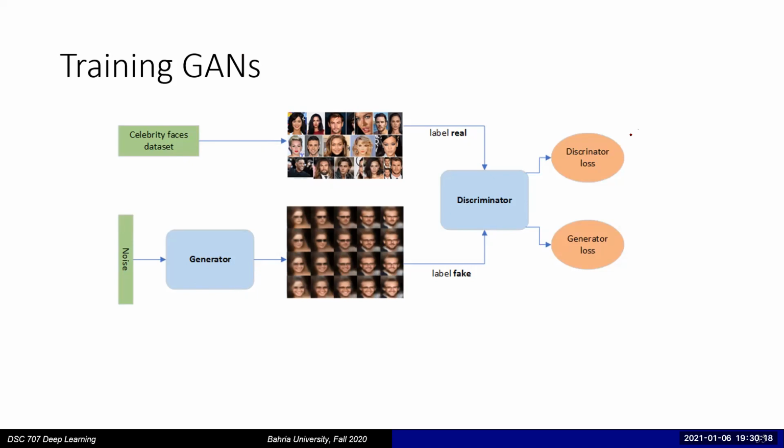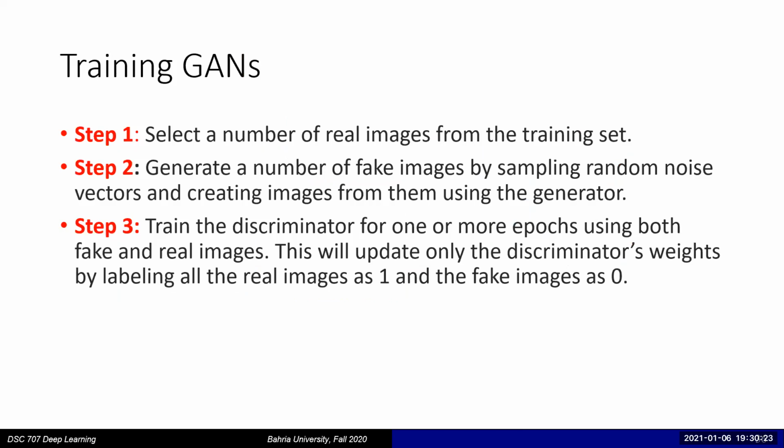We have a discriminator loss and we have a generator loss. Now let's see stepwise what we'll do. We'll select a few real images from the training set, and we will generate a few fake images using the generator, whatever random weights we have.